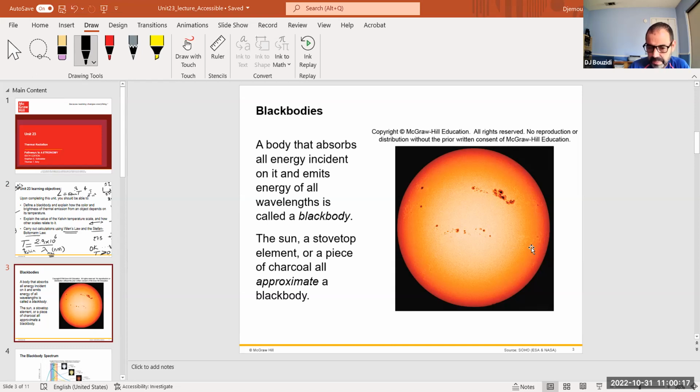Any object that has temperature, that can emit light or absorb light if you shine it on it, can be approximated as a black body. A black body is really an ideal structure. There is no such thing as 100% emitting or 100% absorbing. It's always that you absorb some and you emit some.